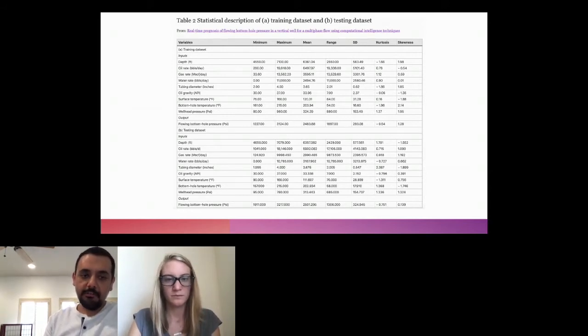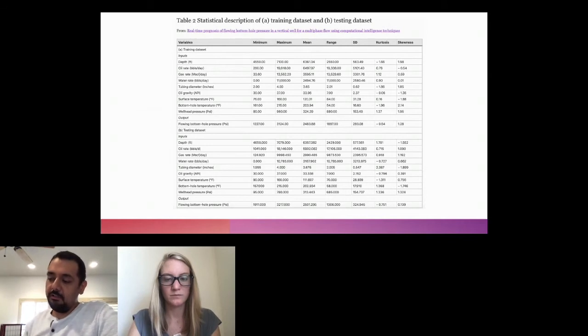And I thought, what if I take the mean and the standard deviation, and use the simplest approach of Excel, the inverse normal distribution, and generate 206 random points from this data for all these temporal data attributes, which are basically independent variables for our dependent variable, which is flowing bottom hole pressure.